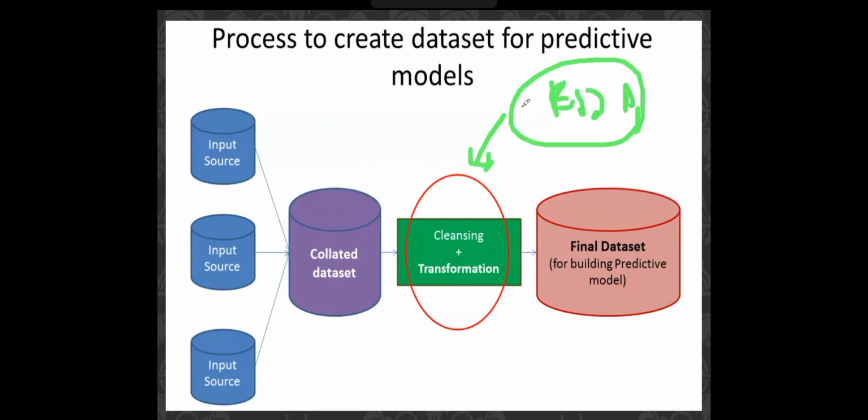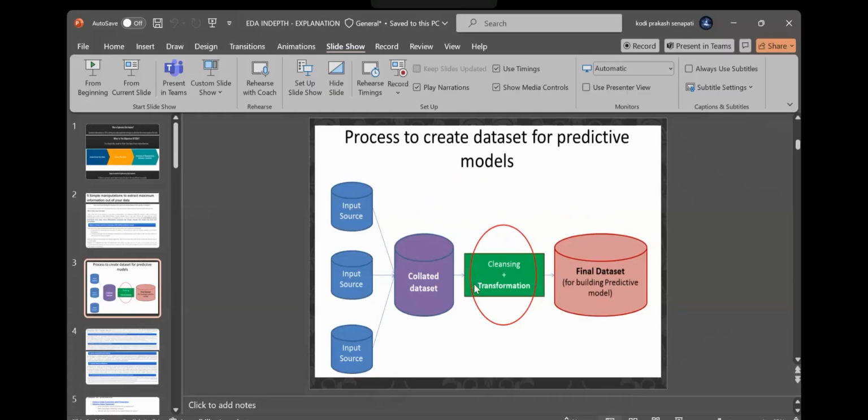I hope the online team is clear on what I'm saying. This is called the architecture to build a data set for a predictive model. So what topics have we done so far? This is the process to create a data set for a predictive model. Understand, guys? Online team, are you clear?